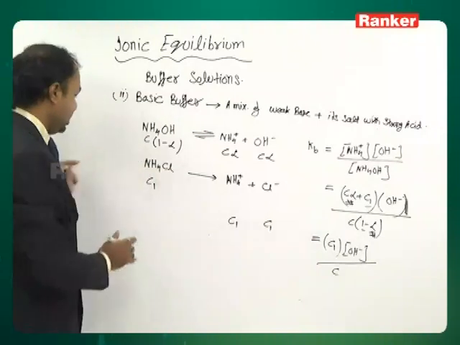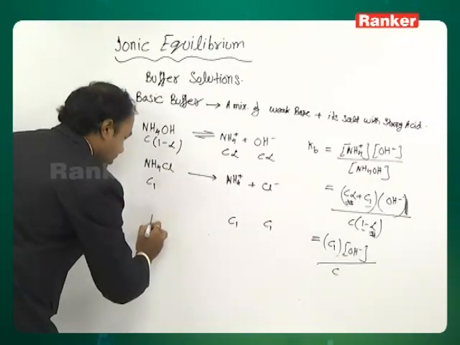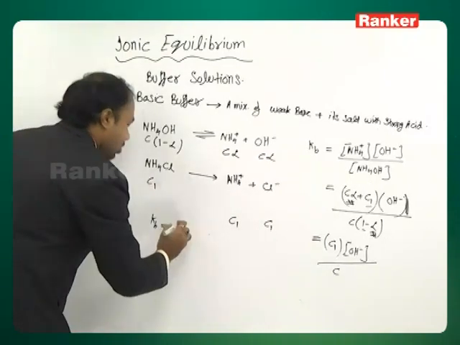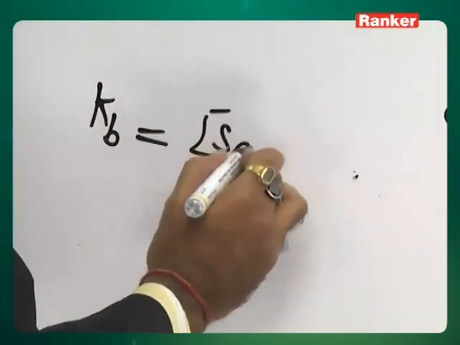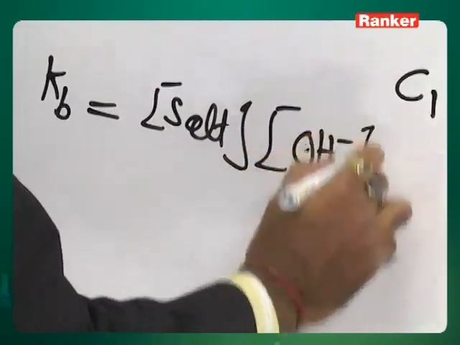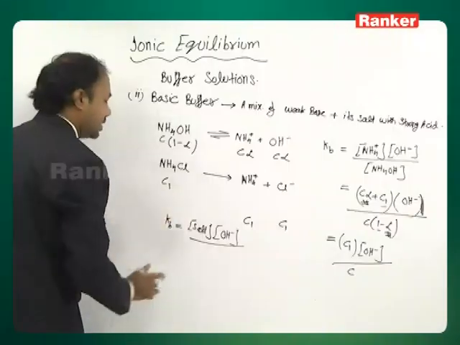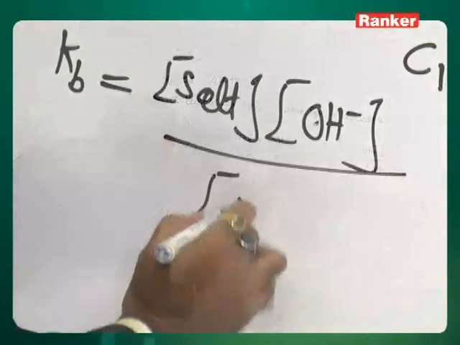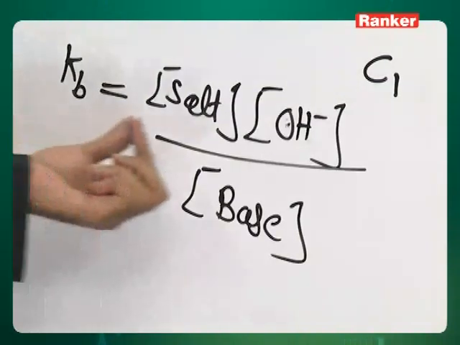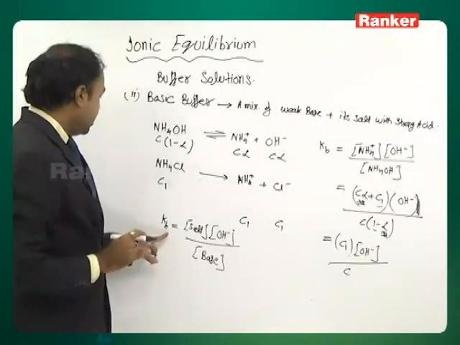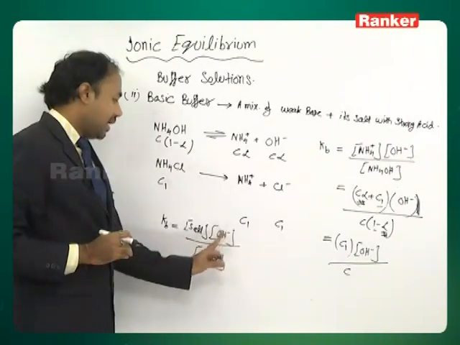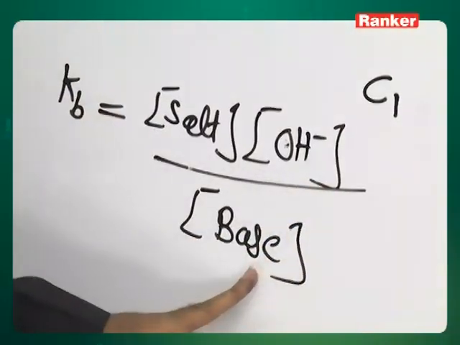So we write these values here and we get that Kb equal to C1, concentration of salt, into concentration of hydroxyl ions upon concentration of base. Kb comes out to be equal to concentration of salt into hydroxyl ion upon base.